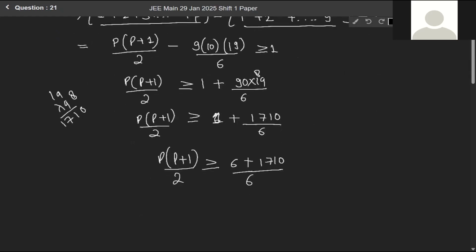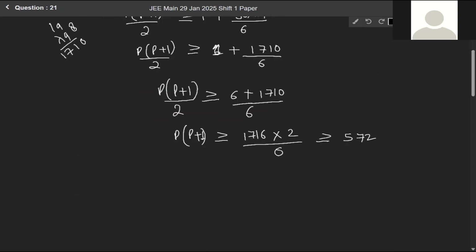So when we solve it, we get p plus 1 is greater than or equal to 17 into 16 into 2 over 6. So it is greater than or equal to 572. So when we solve it, we get p plus 1 should be greater than or equal to 572.